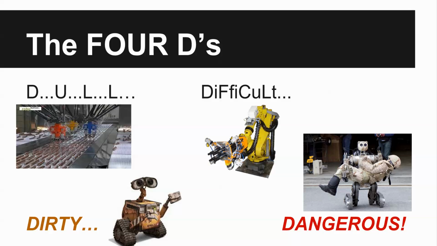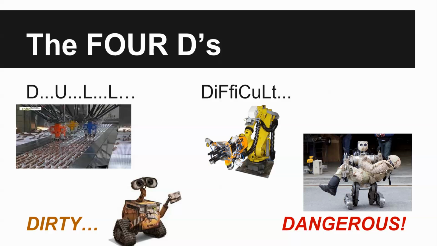The 4Ds have to deal with what the robot is going to be tasked to accomplish or do. And that may be dull work, which describes tasks that are repetitive in nature and often require little or no thought whatsoever. So if it just requires turning something every few seconds, every minute of every day, we can assign a robot to do that, such as on an assembly line, which you can see below.